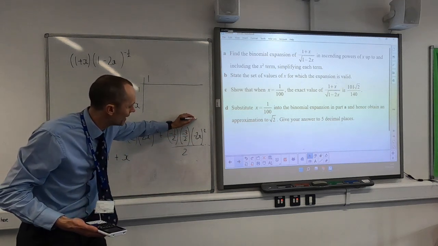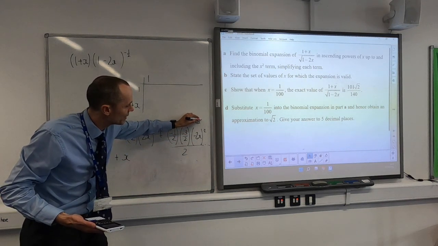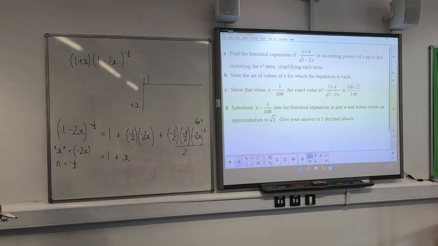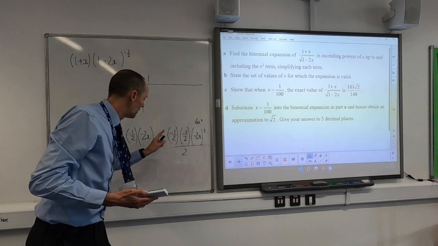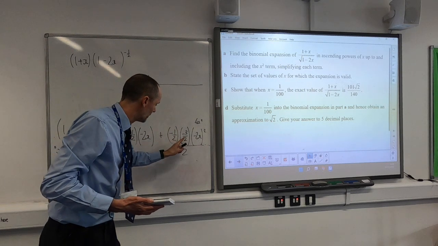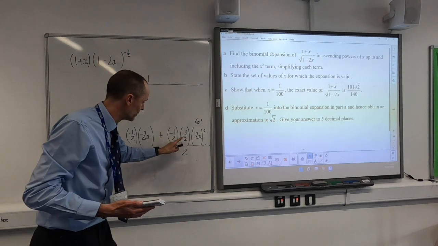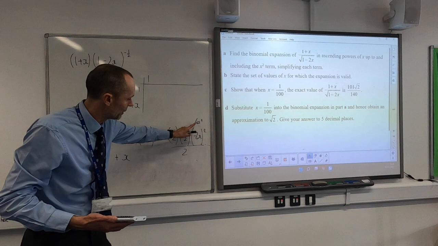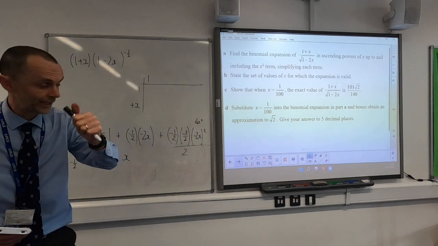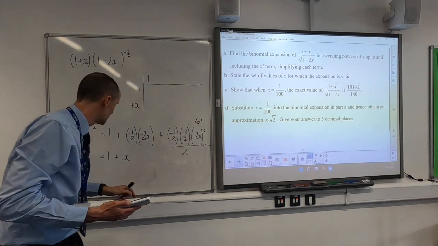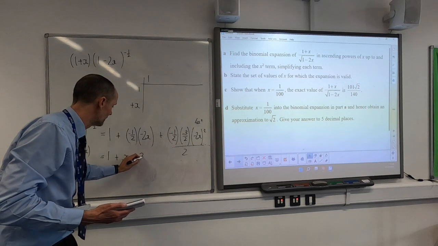This, remember, is 4x squared. Minus 2x times minus 2x is plus 4x squared, so I've got minus a half times minus 3 over 2, so that's positive 3/4, multiplied by 4, 3, divided by 2. So I reckon that's 3 over 2 x squared.